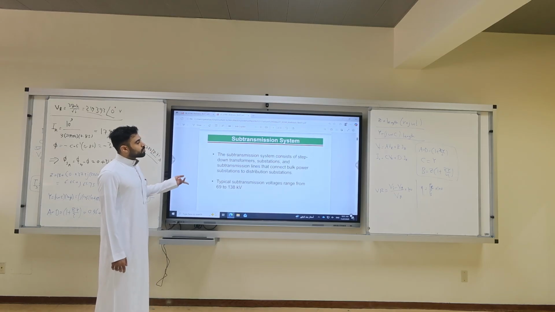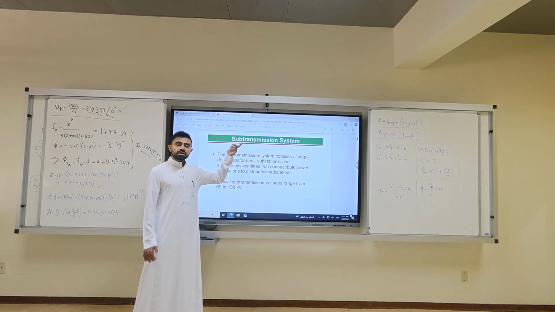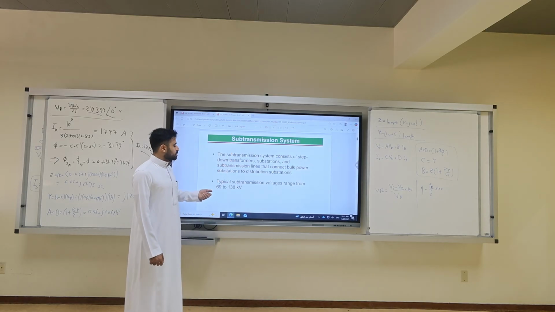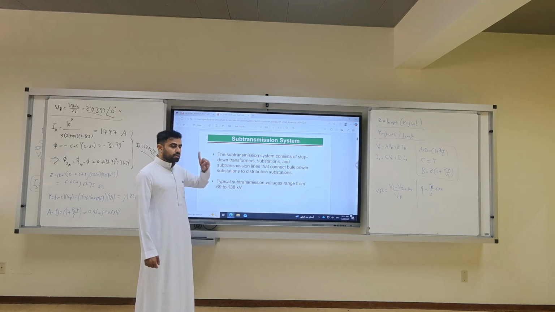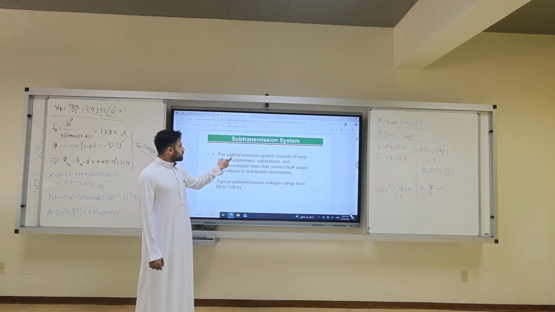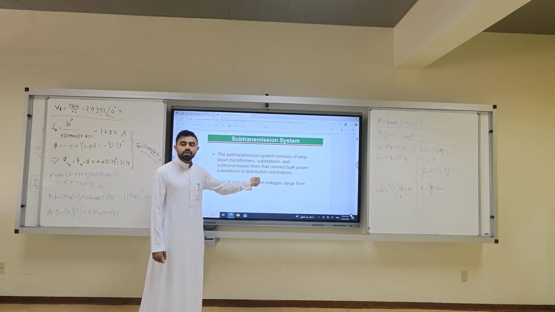Also, I want you to know the concept of sub-transmission system. Sub-transmission is just before the distribution, which is between 69 to 138 kV. Some utilities, not all of them, classify it as sub-transmission, which is step-down transformers, substations, sub-transmission lines that connect bulk power transmission to distribution system.